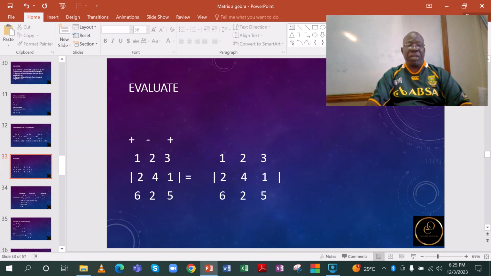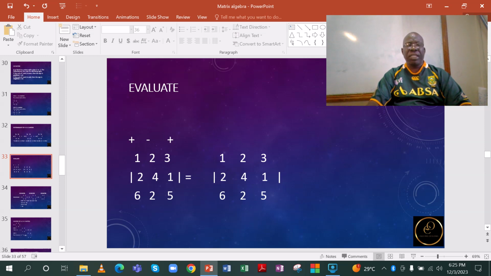We have a matrix made up of the elements 1, 2, 3, 4, 2, 4, 1, 6, 2, 1, 5. Looking at the first row, you need to identify the signs.